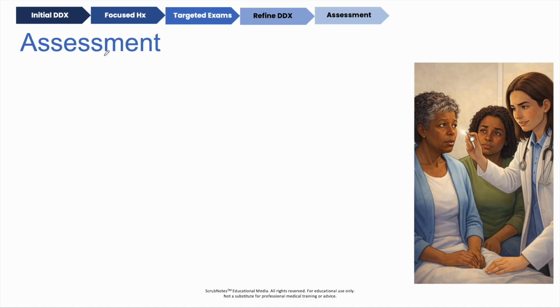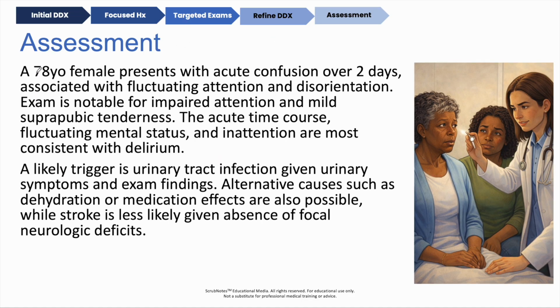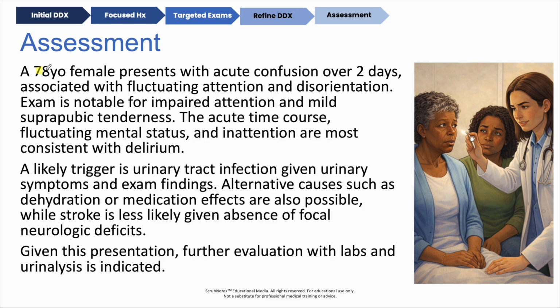So step 5 in our framework, we can pull everything we learned together and present our assessment. So we have a 78-year-old female who presents with acute confusion over 2 days associated with fluctuating attention and disorientation. In-office exams today are notable for impaired attention and mild suprapubic tenderness. The acute time course, fluctuating mental status, and inattention are most consistent with delirium.